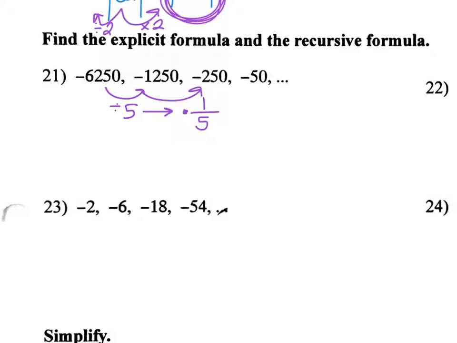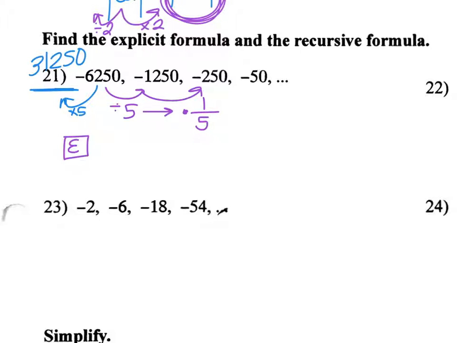I also have to find the starting point. And remember, mathematicians start at 0, so you got to go the other direction to find that. So instead of divide by 5, I'm going to multiply by 5, which is going to give me 31,250.